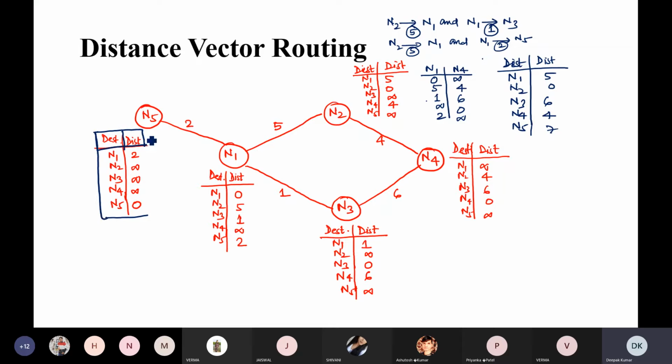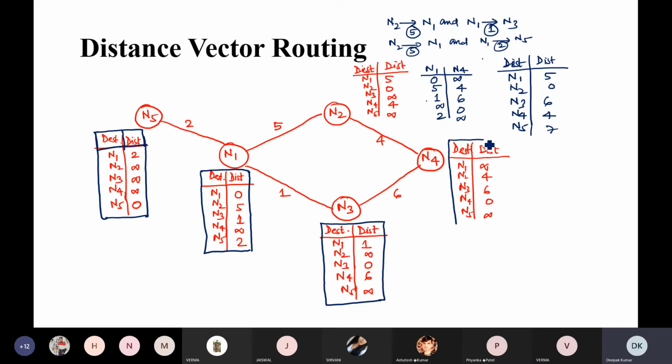Since five routers are connected, all the distances should be known by these routers. Here N1 will also know all the distances in this network. This is the table for N3, and the distance of N3 from all other routers is given by this table.